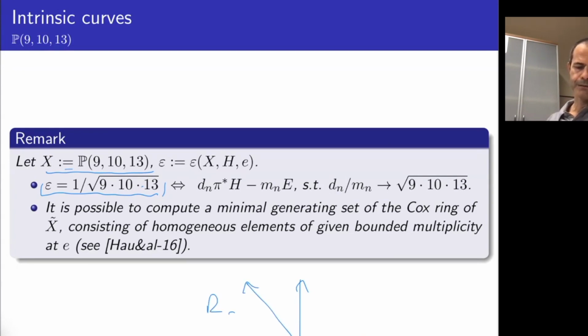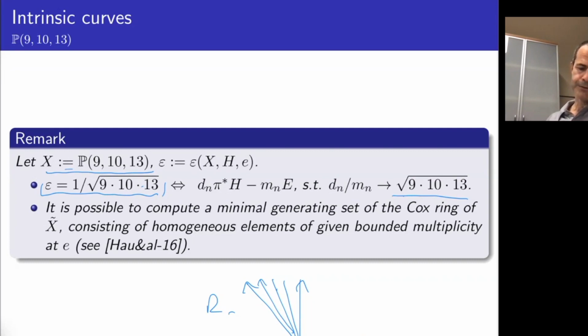This is the ray whose slope corresponds to the Seshadri constant, so it is the irrational slope, this one. We would like to show that there exists an infinite family of rays inside the effective cone, approaching this irrational ray from the inside.